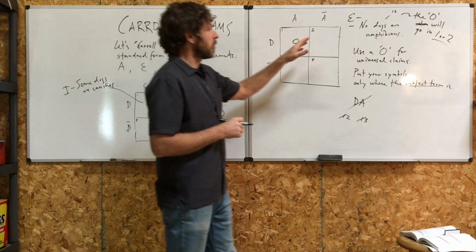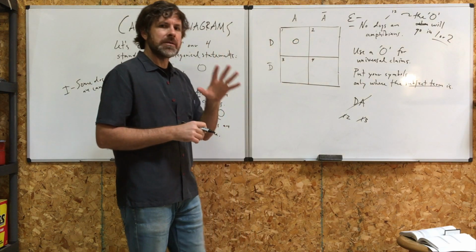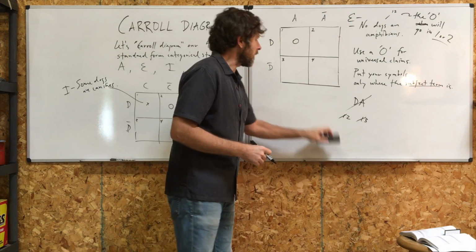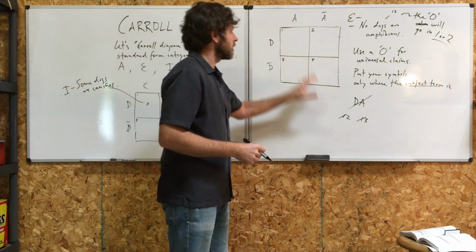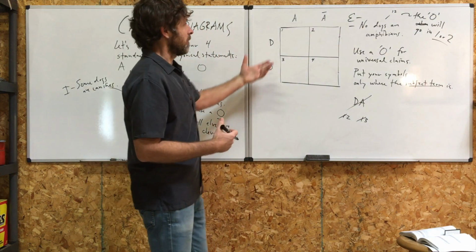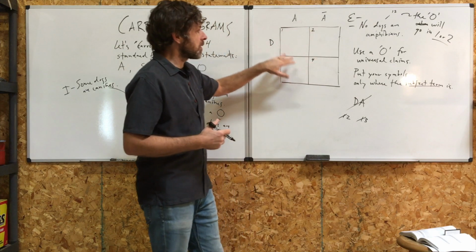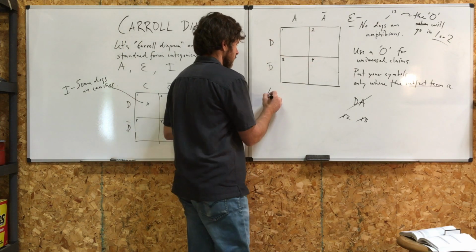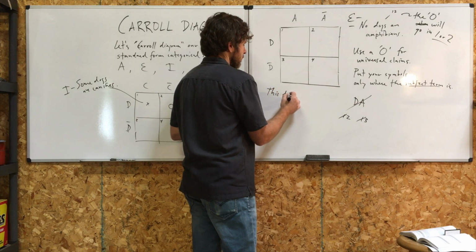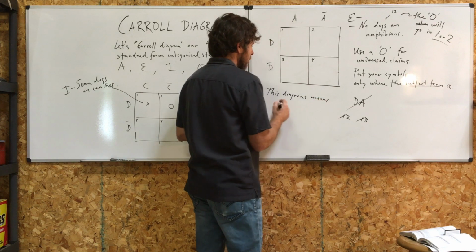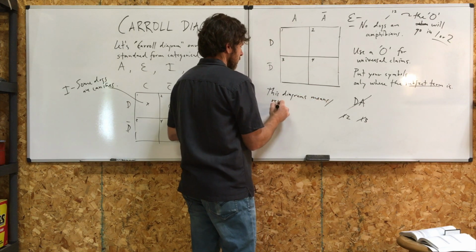If you don't put a symbol down, your diagram says nothing. Like if I take this out and I just have this, we're set up to talk about dogs and amphibians. But until we put a symbol down, this diagram literally represents nothing.